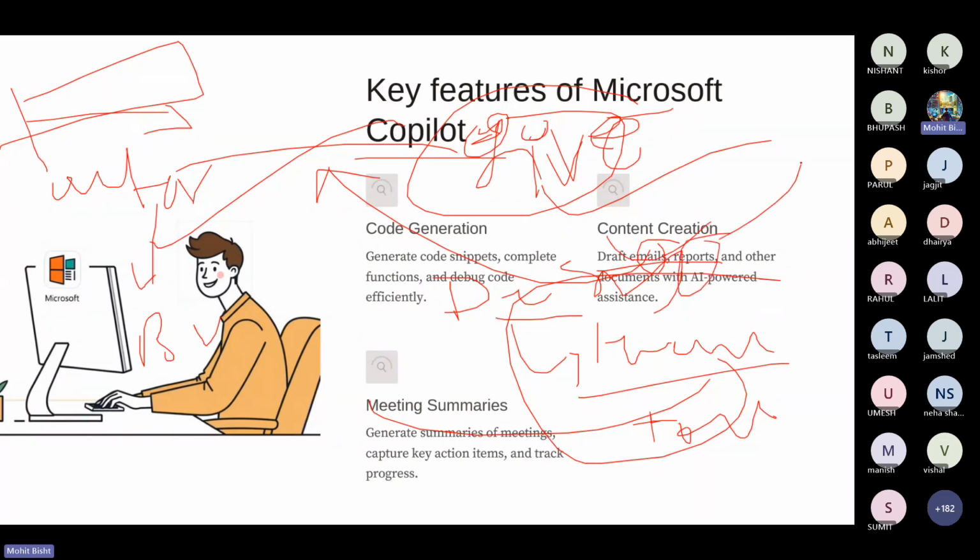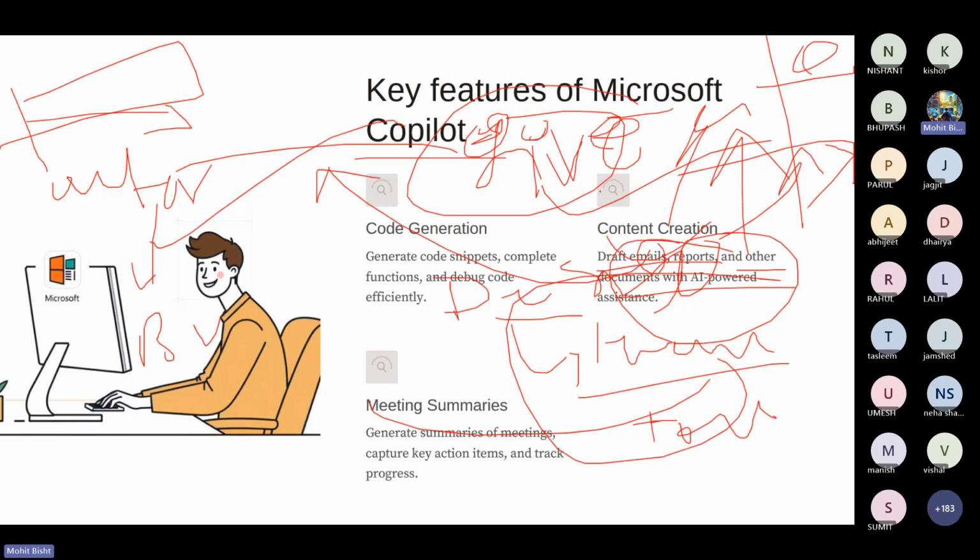Second, reports. You can generate reports, other documentation, AI power system. In content creation, you can also search for the creators, or it will also generate some ideas which are unique or which are trending. So in the content creation game, the main game is of the current topic.